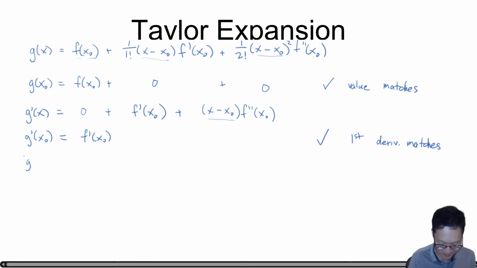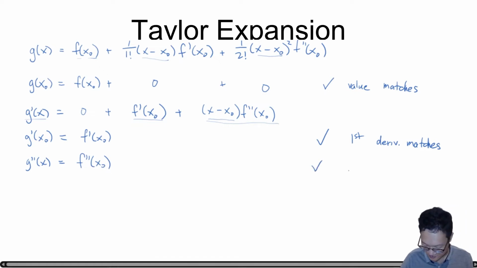And finally, very quickly, the second derivative. We start from g prime of x and take its derivative. The f prime of x naught is a constant because it doesn't involve x, so that becomes 0. In the second term, the only thing multiplying is f double prime of x naught. So again the second derivative matches.